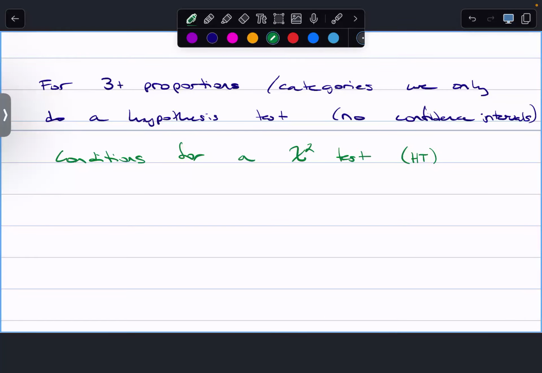So usually when we do a chi-squared analysis, we'll just call it a chi-squared test. The first condition is the same as always. We have to assume that all these counts or the observations are independent within the groups, but also across the groups, which I'll summarize as independence within and across the groups.